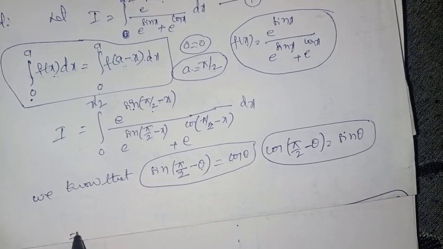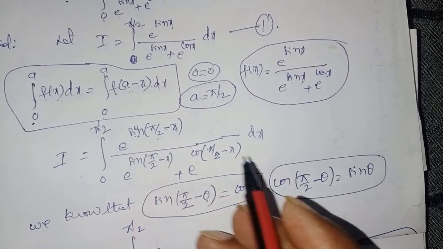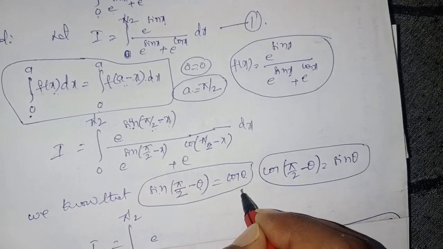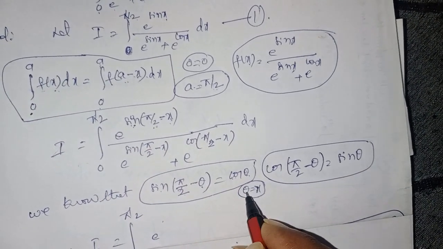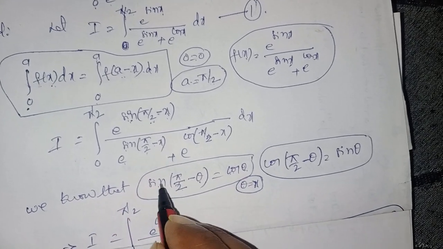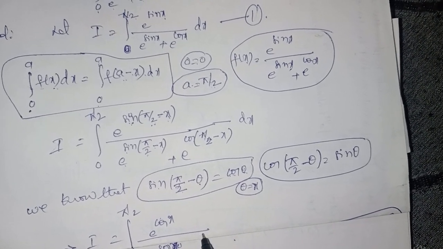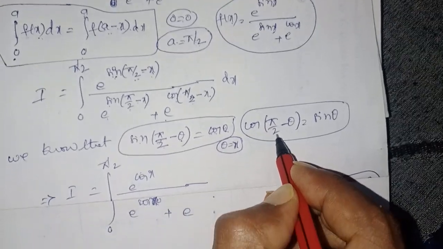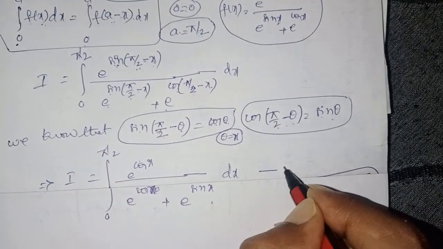So I is equal to integral 0 to pi by 2 e power cos x whole upon e power cos x plus e power sin x dx, since cos of pi by 2 minus x is sin x. Consider this equation number 2.